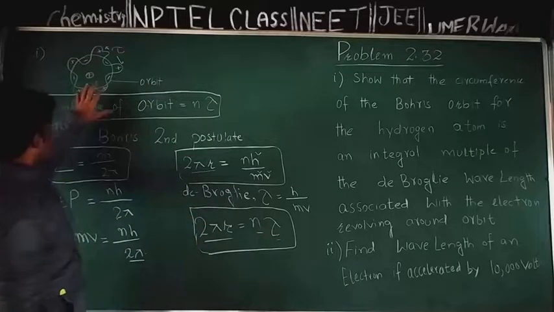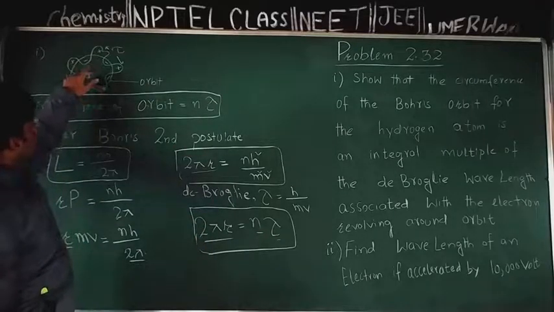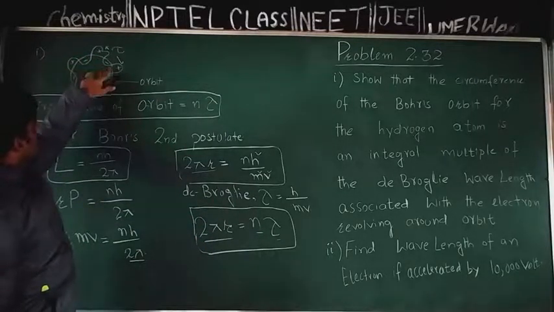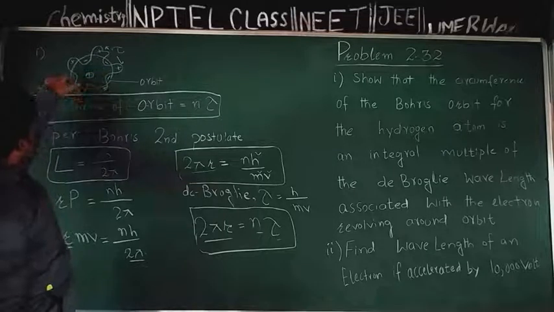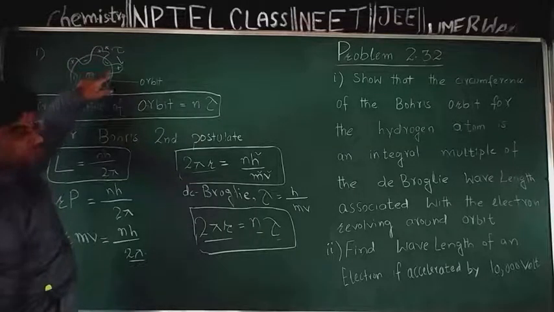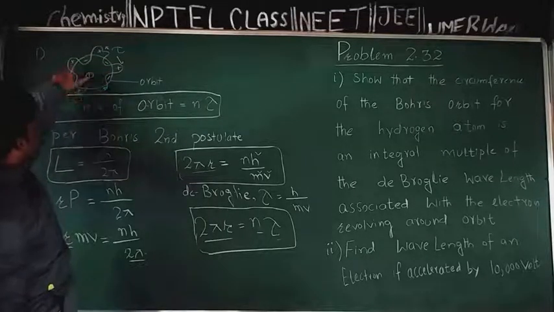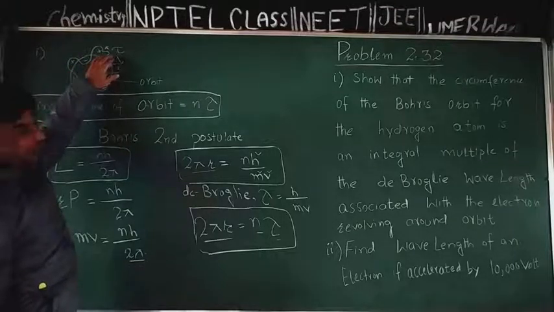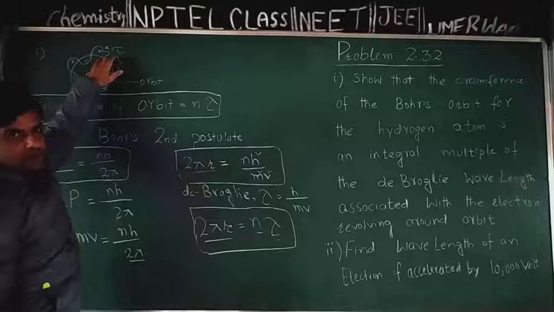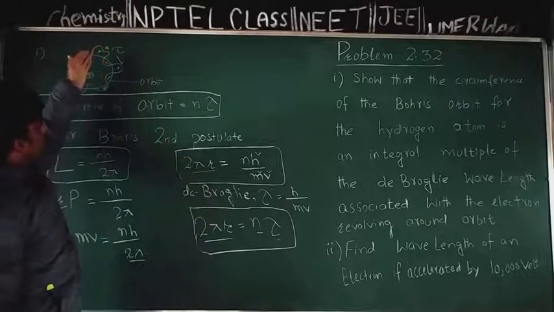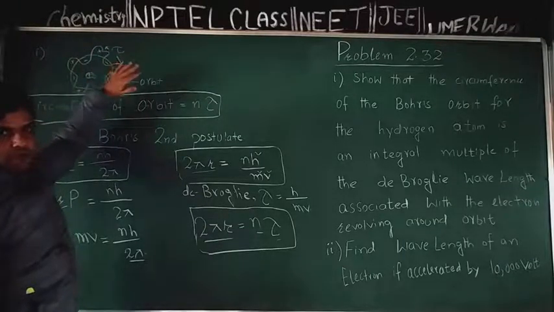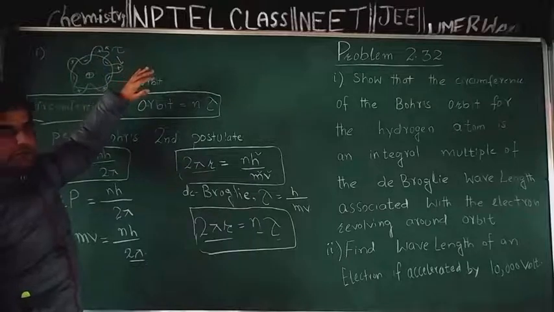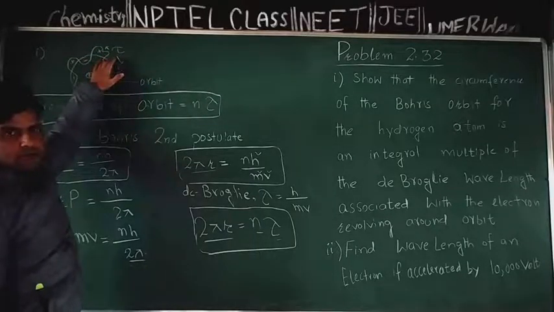So physical significance is that circumference of fixed or permitted orbit or energy level should be integral multiple of wavelength. It should be 1 multiple of wavelength or 2 multiple of wavelength or 3 multiple of wavelength. It should not be fractional multiple of wavelength.